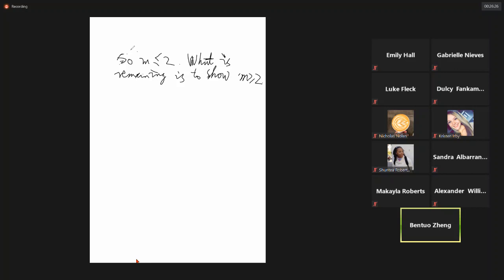Well, again, proof by contradiction. Suppose m is strictly less than 2. And remember, we know that m is greater than 1. This is what we proved. This is already proved. Then we'll let delta be less than 2 minus m squared over 2m plus 1.